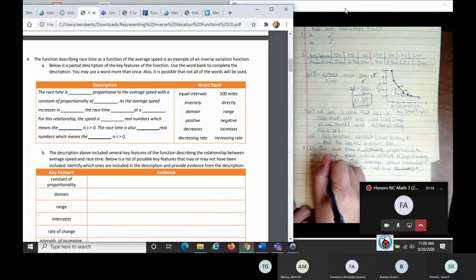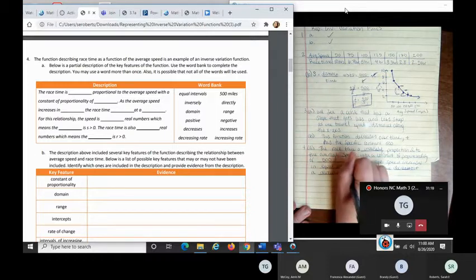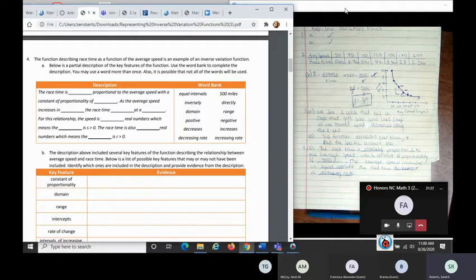Okay, so the race time decreases at a decreasing rate. What questions do you guys have about that statement? That statement is kind of a hard one to get your head around.